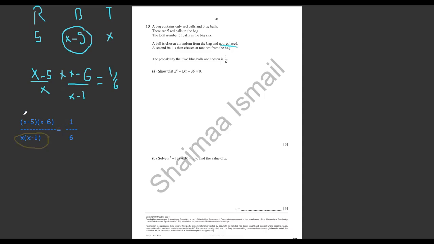So here it will be x multiplied by x minus 1, for sure, 1 we're not going to write it, equal to 6 multiplied by x minus 5 multiplied by x minus 6.